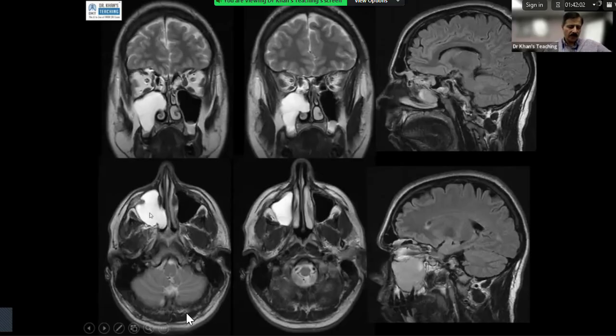So you can see it has caused expansion of the ostium, and part of it is projecting into the nasal cavity. Look at the signal intensity. It is high on T2 weighted sequence. It is fluid, should I say, on T2 weighted sequence. So this is an antrochoanal polyp.